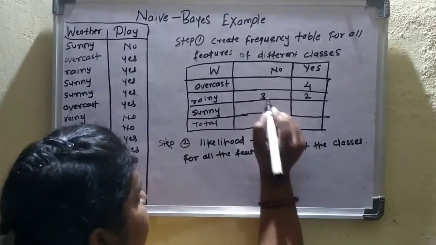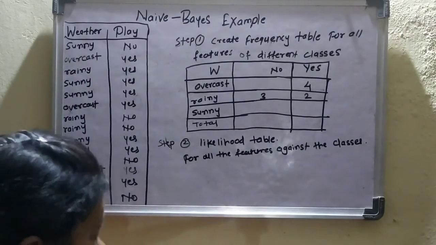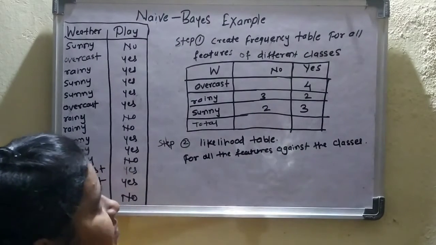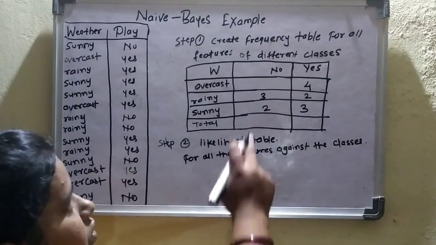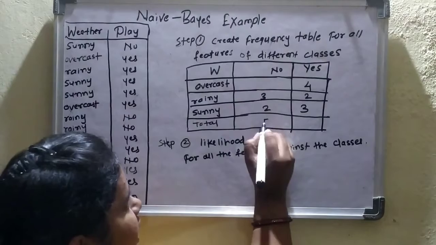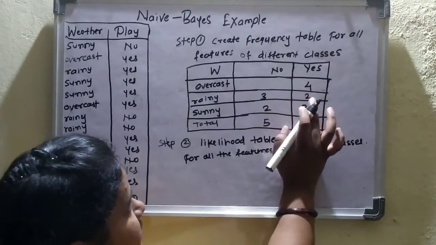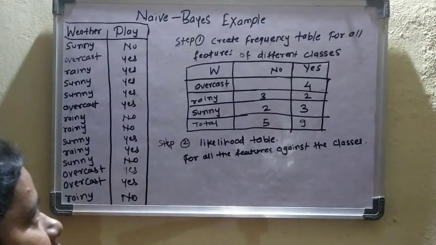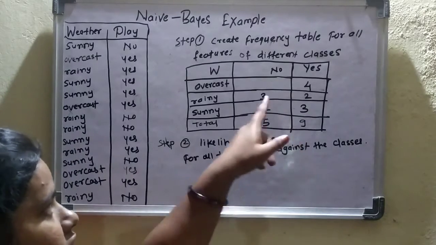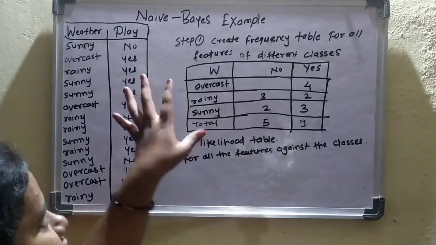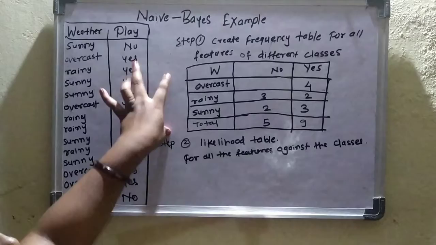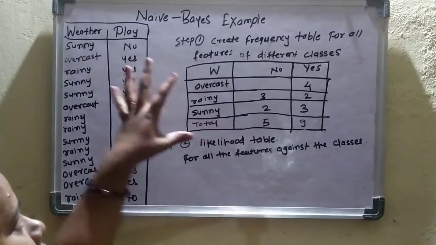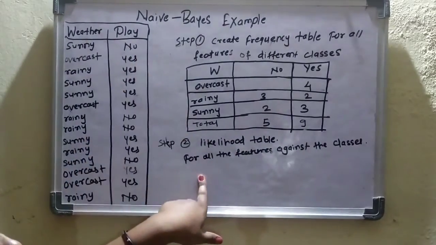Similarly we will note down all the values. I have done this previously. So the total no values are 3 plus 2, 5, and total yes values are 9. So our frequency table is completed. We have got a total of 9 yes values and a total of 5 no values. So this is step 1 in the naive Bayes algorithm.